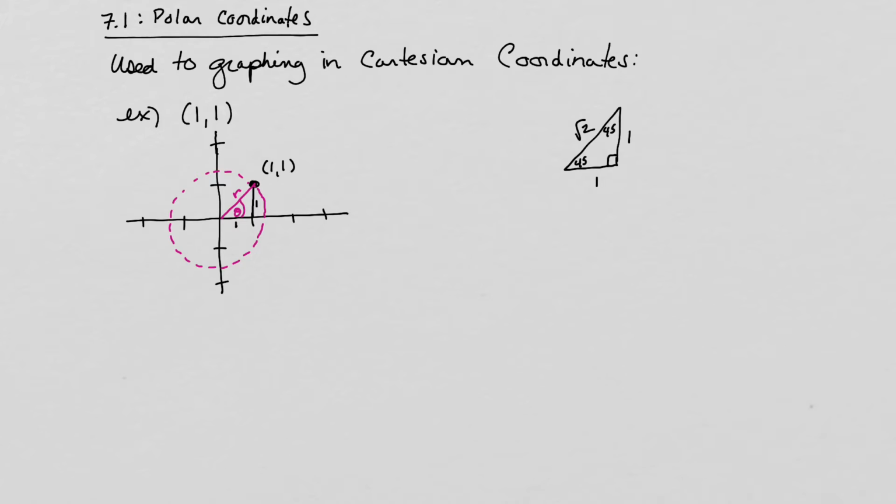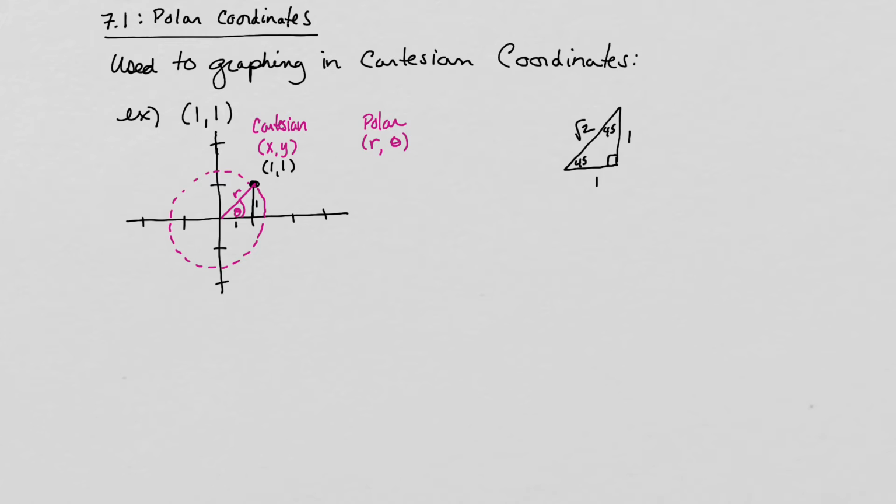So this point, (1, 1), is the x and the y. We can write it as (x, y), which is the Cartesian way of writing it, what we're used to. But now we can write it in polar, as an r followed by some angle theta that we're rotating through.